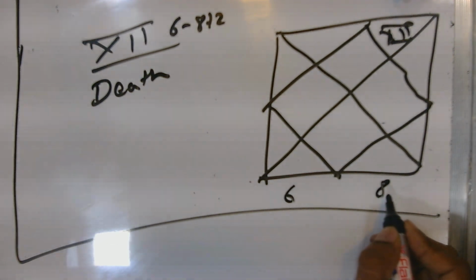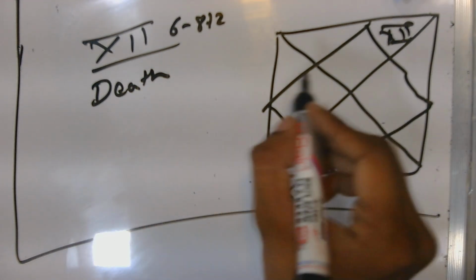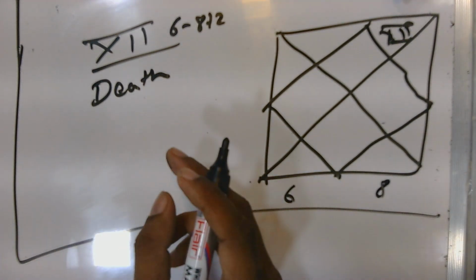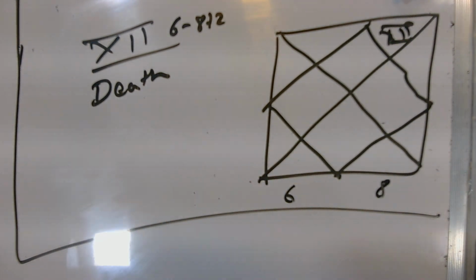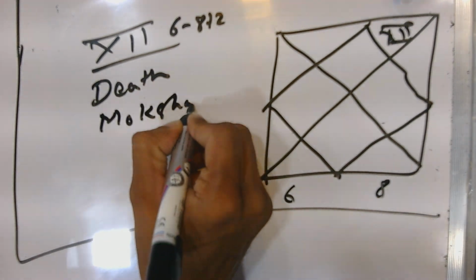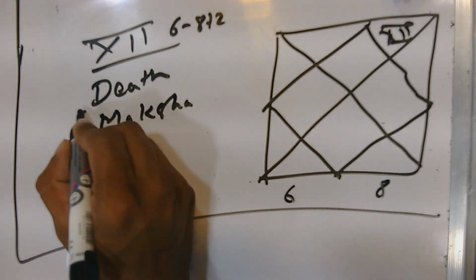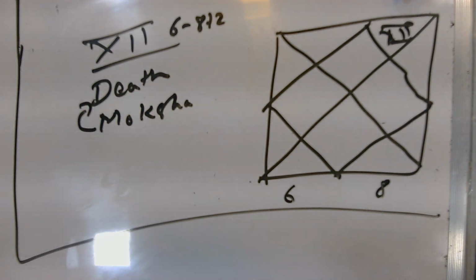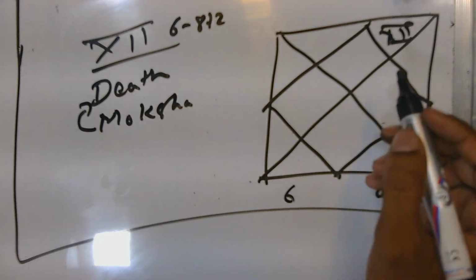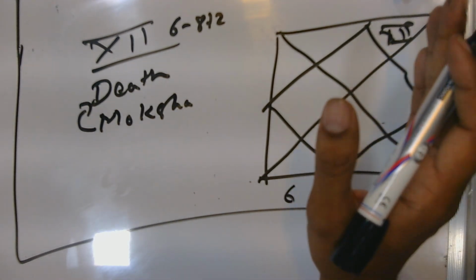The 8th house also gave us information about our death or age, but it is the 12th house which is more associated with death. It also tells us about moksha because for moksha you need death. So if a person is having good placement in this house, he may be getting near to moksha.